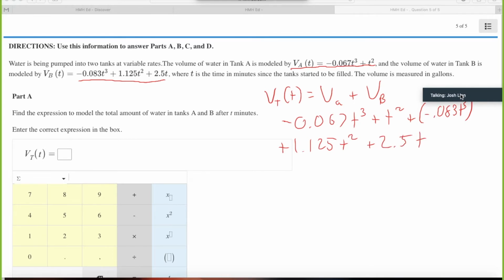So I'm going to combine all of my like terms. We've got 1 T cubed and then the other one. So those are both negatives.